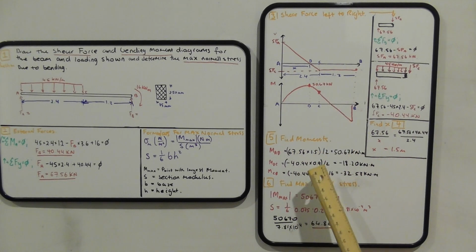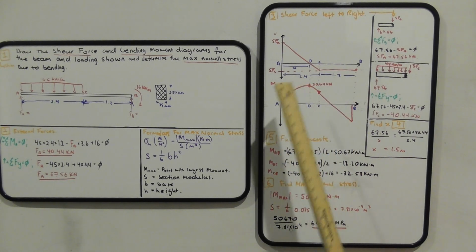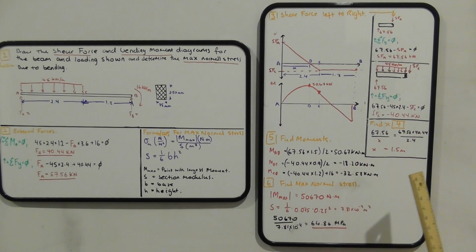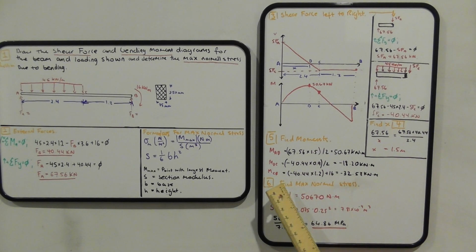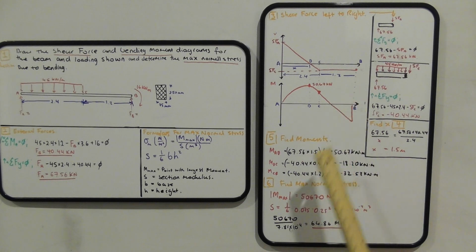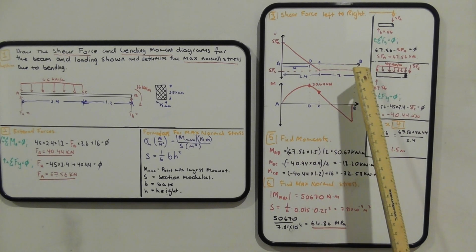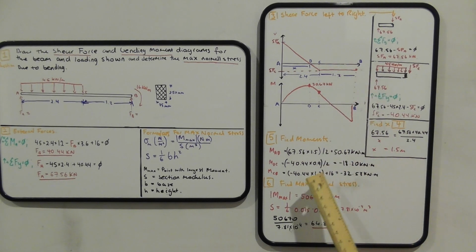We multiply by the remainder when you subtract the 1.5 from the 2.4, that'll be 0.9, and divided by 2 because it's also a triangle, and you'll get negative 18.2 kilonewton meters. And then MCB, C to B, you will have that same value here, negative 40.44, multiplied by that length, and don't forget you also add the positive moment, and you'll get negative 32.53.